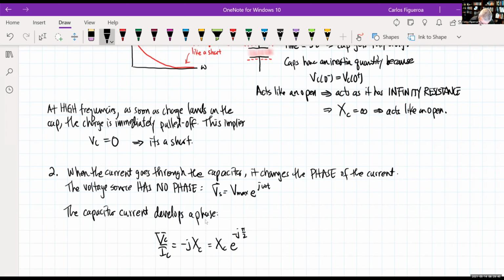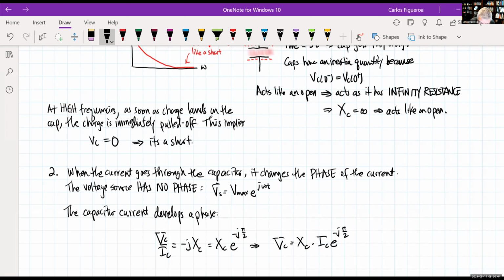So if I rewrite this thing, VC is then going to be XC times IC e to the minus j pi over 2.